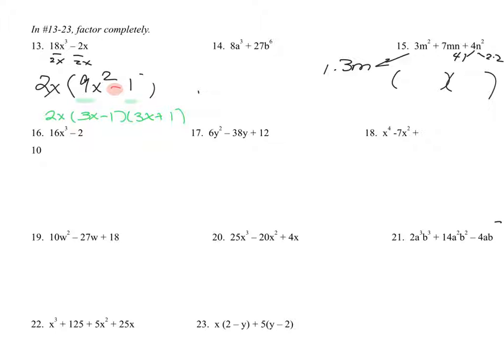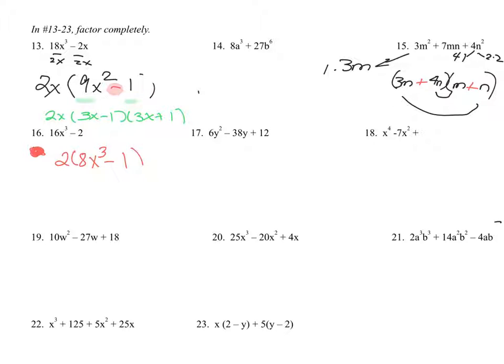Okay, so let's try 3M and M, and let's try 4N and 1N. Well, this will give me 4, and this will give me 3, and that'll be 7. So we got lucky, and we did it on the first try.